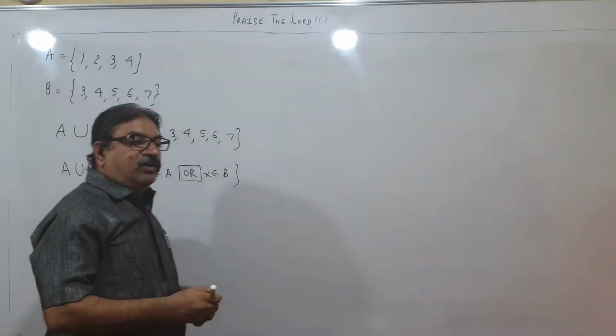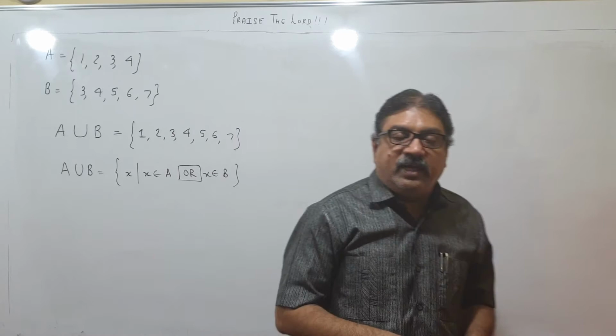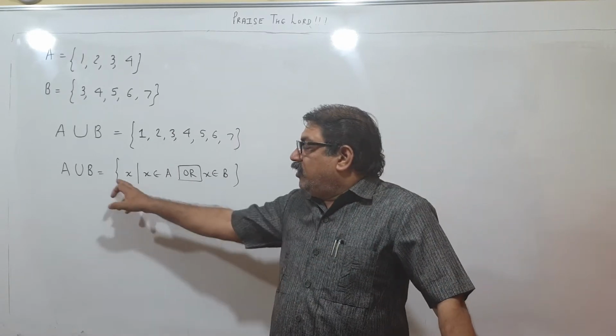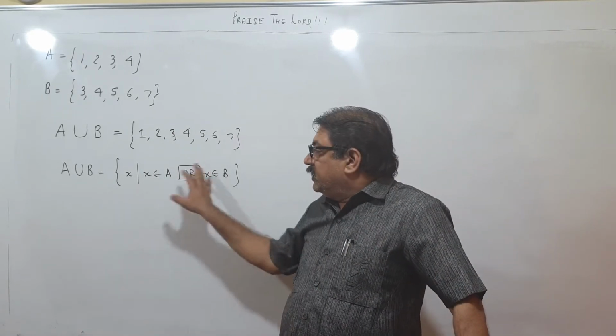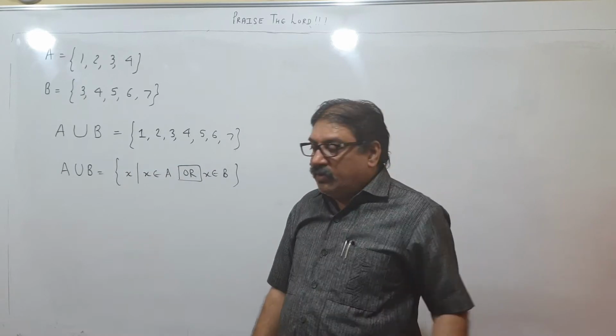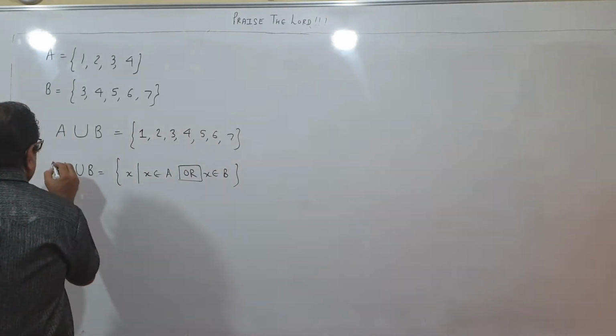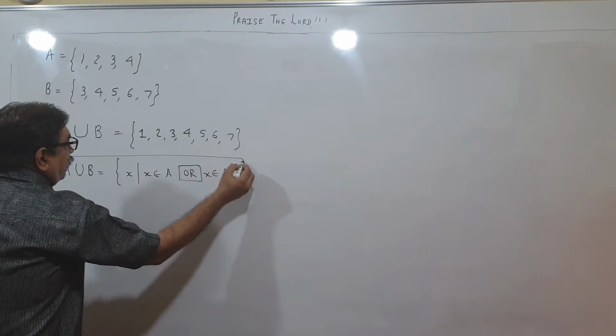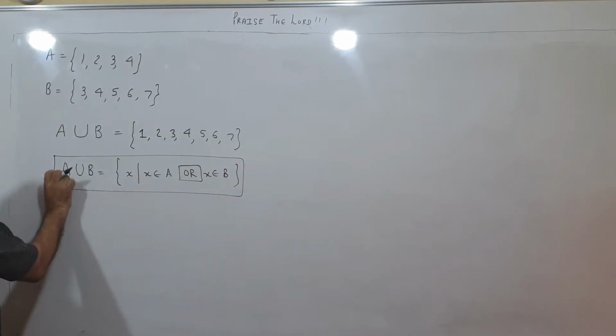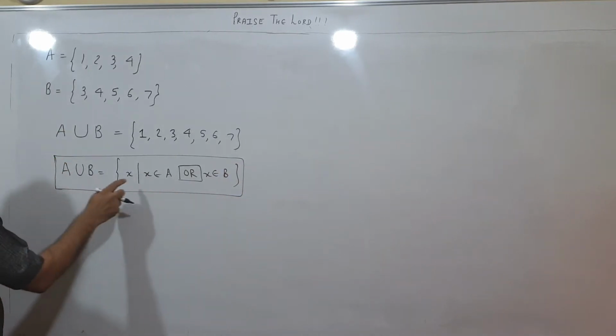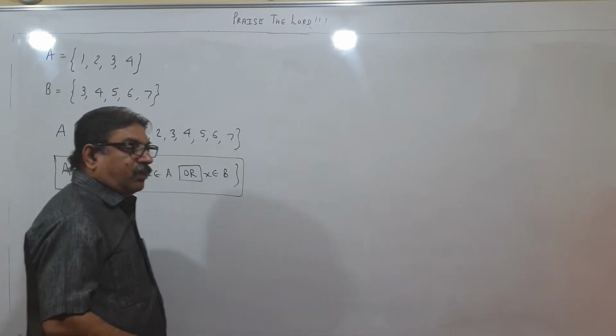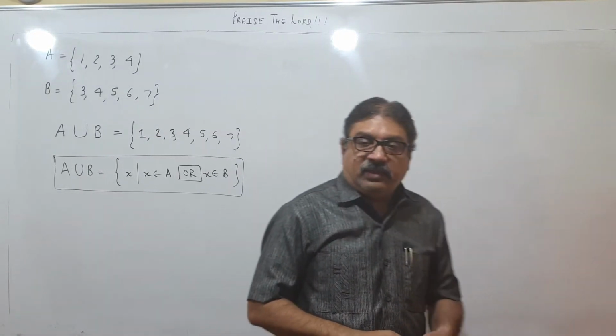Either X should be an element of A or it can be an element of B. Then X will belong to A union B. This is the definition of A union B. What is A union B? It will be this set containing elements X which can be either in A or in B. So that is A union B.